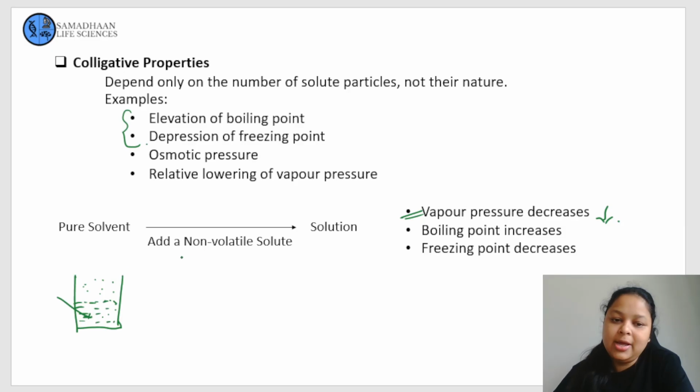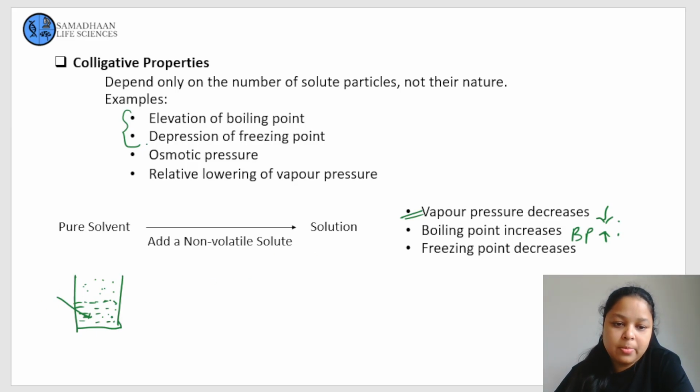Now we know that when the vapor pressure of a liquid becomes equal to the atmospheric pressure, we reach the boiling point. Now after adding the non-volatile solute to this solvent, the vapor pressure has decreased. So naturally this liquid will need a higher temperature so that the vapor pressure can become equal to the atmospheric pressure. So boiling point increases.